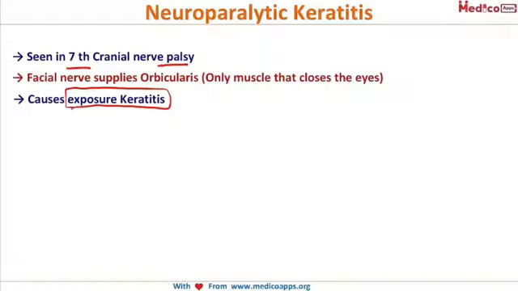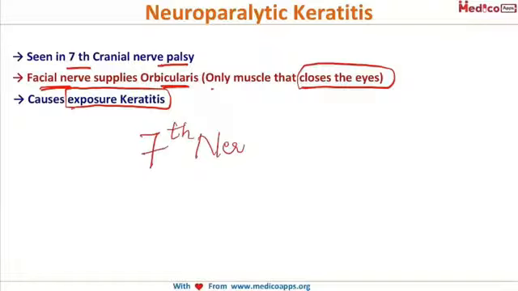Why is it exposed? Because the facial nerve, the seventh nerve, supplies the orbicularis, and we have learnt earlier that orbicularis is the only muscle that closes the eye. So when the muscle that closes the eye is paralyzed, obviously the cornea is exposed to the environment, causing exposure keratitis. This is termed neuroparalytic keratitis. It is seventh nerve palsy.